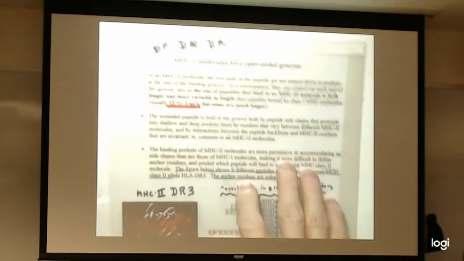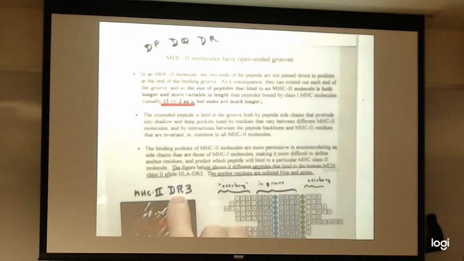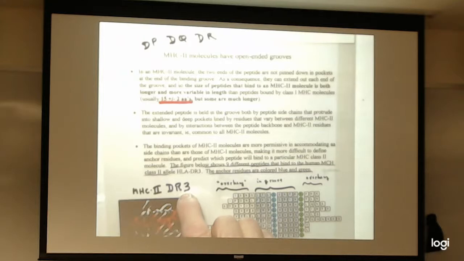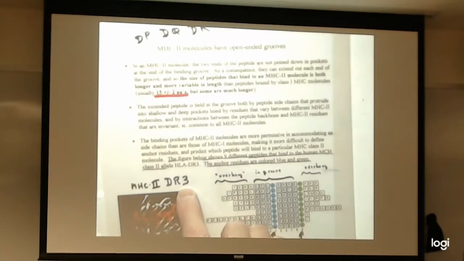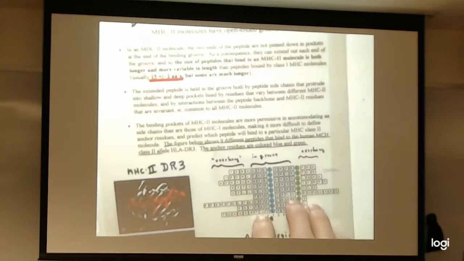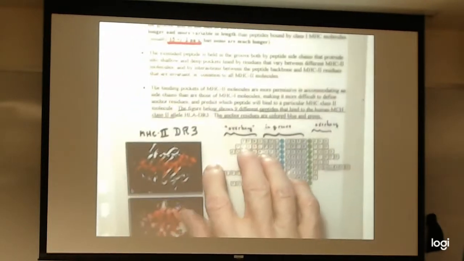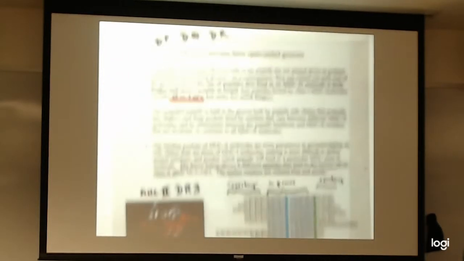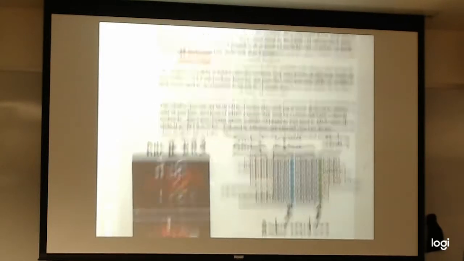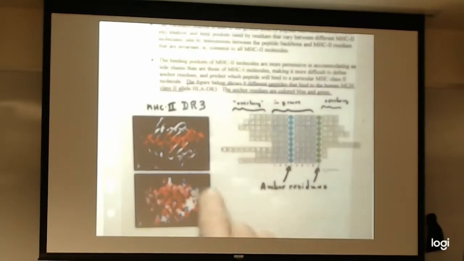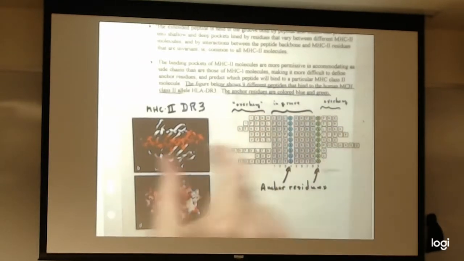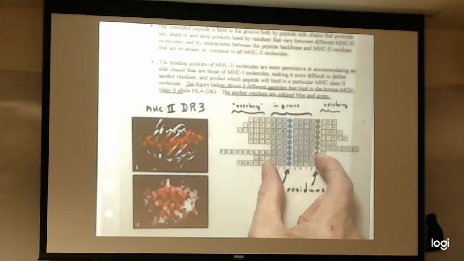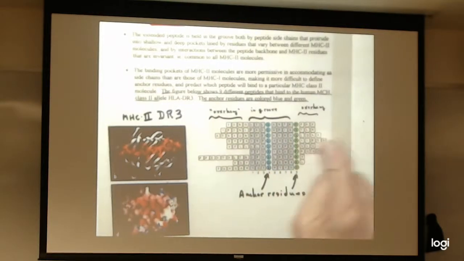Okay, so here's the DR gene product at allele number 3. There are many alleles of the DR gene. And remember we said that the class 2 molecules are open-ended, so long peptides. So here's the part that's actually sitting in the valley, shown here in gray, and these are overhang amino acids.